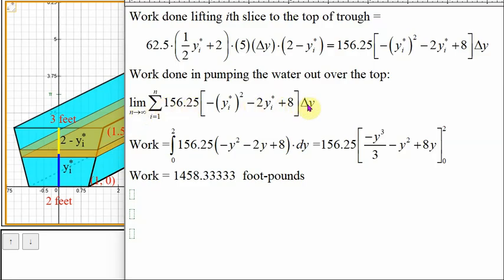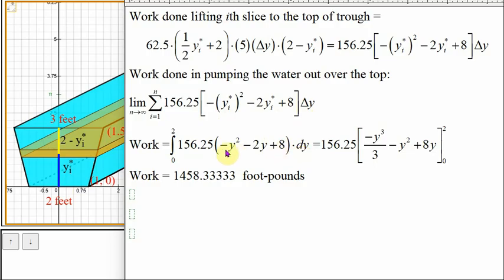And then again, when this limit right here exists, we define it as the integral from 0 to 2. And then here we get negative y squared minus 2y plus 8, and then dy.